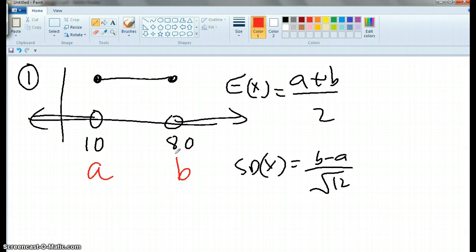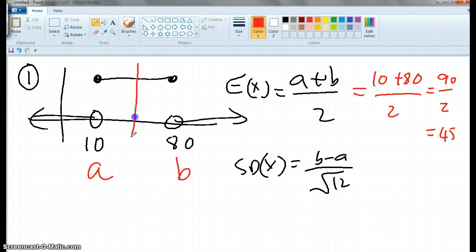So if you go back to page, well, they never really showed you that, did they? The a and the b. But we had that on our formula thing. So basically you've got your a and your b there. Alrighty, so a is 10, b is 80, so we go 10 plus 80 over 2, which is 90 over 2, which equals 45.